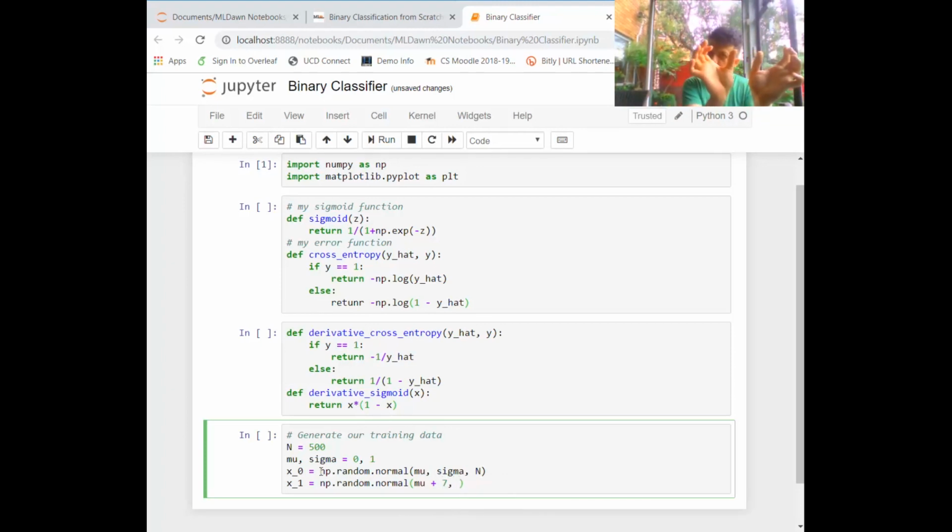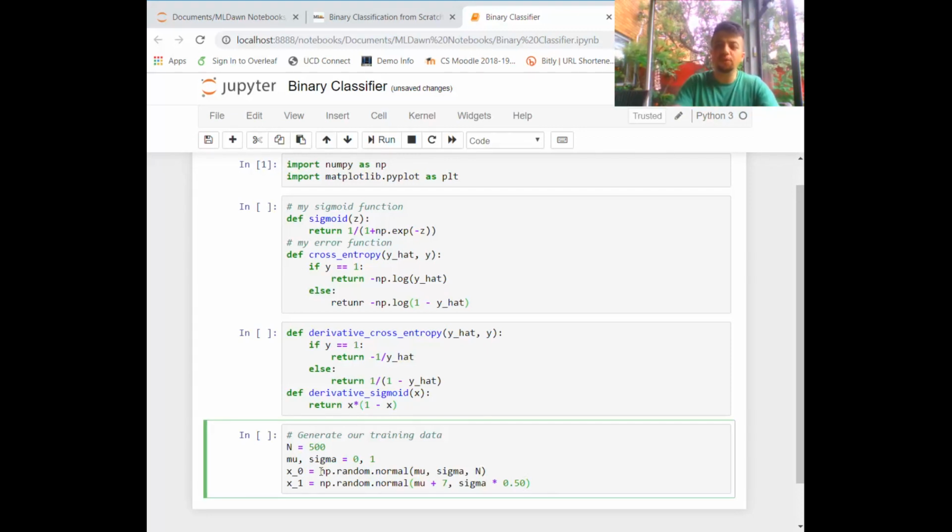So the center of that Gaussian would be 7 units to the right or more. And then the sigma, let's make it narrower, because the larger the sigma is, the wider your Gaussian would be. The lower it is, the narrower your Gaussian would be. So I'm going to make it smaller, because I want to make them concentrated in one region, for the examples of the second class.